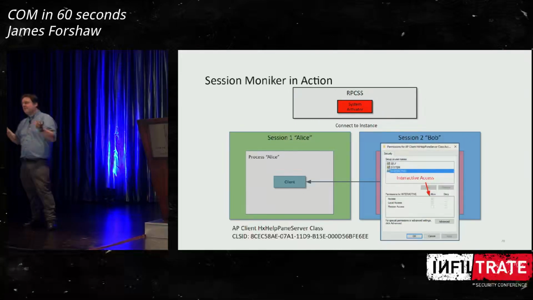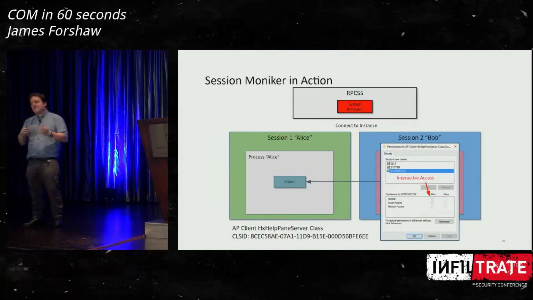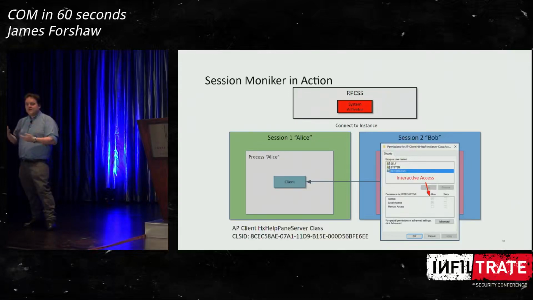But of course, there are other COM servers which aren't quite so picky, and they register their own custom security. In this case, a really good one was the HX Help Pane server. The HX Help Pane server had a custom access permission which granted self, but also granted anyone in the interactive users group, which basically meant anyone logged onto the system could access that COM server.